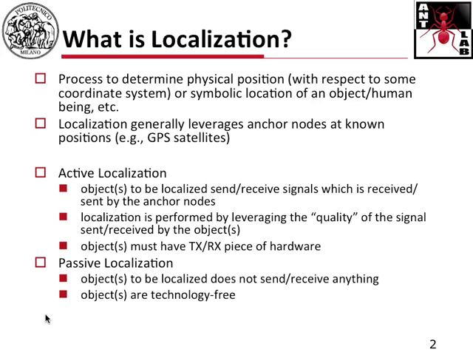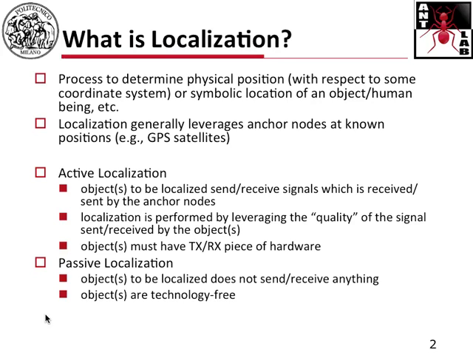Example, the GPS system: to be localized with GPS, you need a GPS transceiver, in your watch, or in your navigation system in your car. So this is an active localization system because the anchor nodes interact actively with the receiver or transceiver which is mounted on the person or on the vehicle or on the entity to be localized.